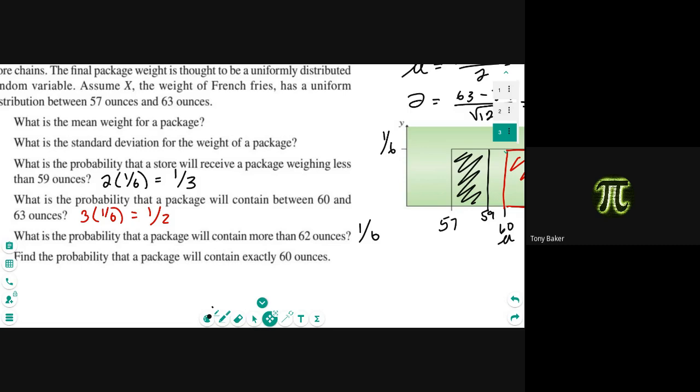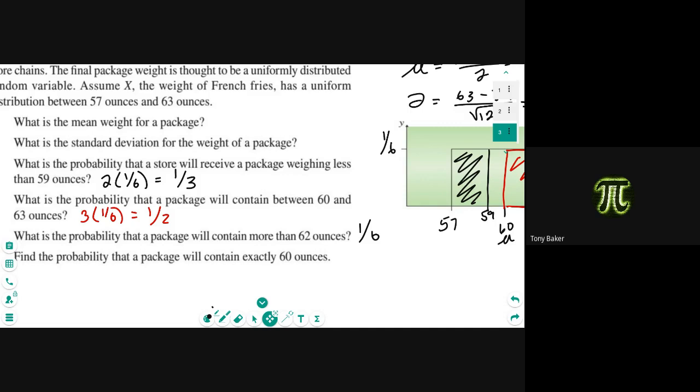There's always going to be slight variation. So what you end up doing later on, when we're looking for exact values, you will go a little below it and a little above. You typically go a half below and half above. So if we're going to look at exactly 60, in this case, I would look from 59.5 to 60.5 to get that range. This question didn't ask that.